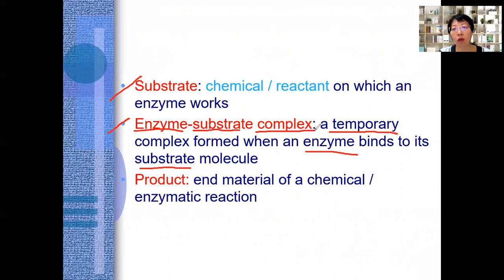Every time you use the word complex, it means you have two or more things joined together. Okay. Product is an end material of a chemical reaction or an enzymatic reaction. So these are the definitions of these three terms. In biology, definition is very important. So you need to learn up the definitions.